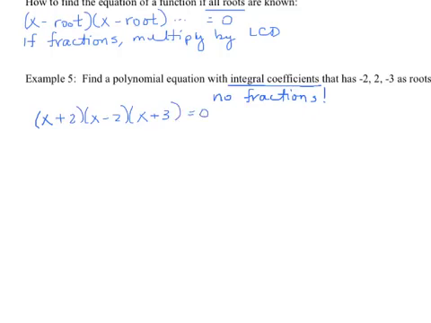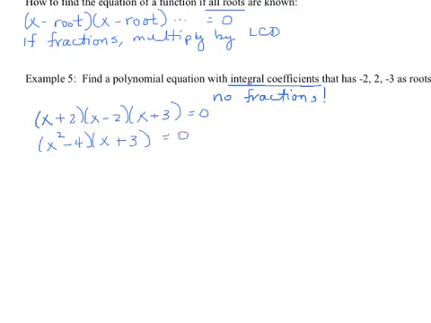And then we're going to begin a process of foiling. Now there's an easy way to do this and there's a hard way to do this. These are difference of squares. That's the easiest thing to FOIL, so let's do that. So x squared minus 4 and x plus 3 equals 0.